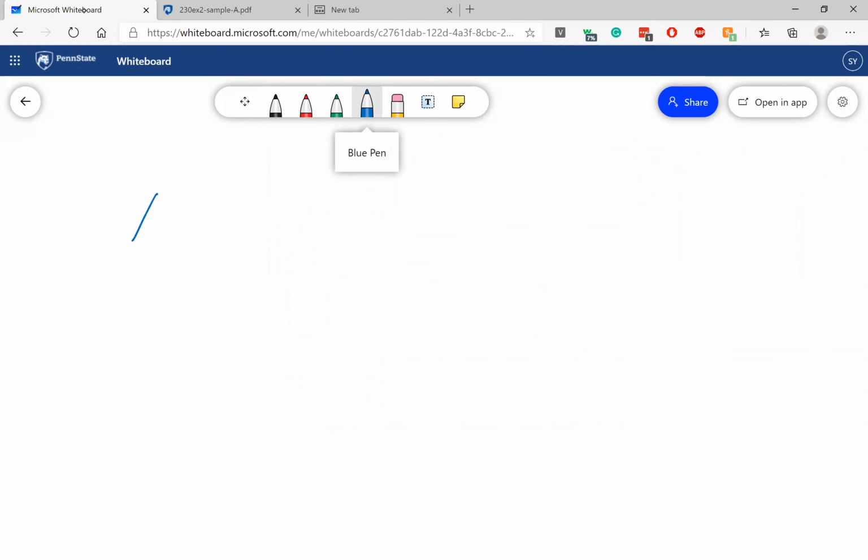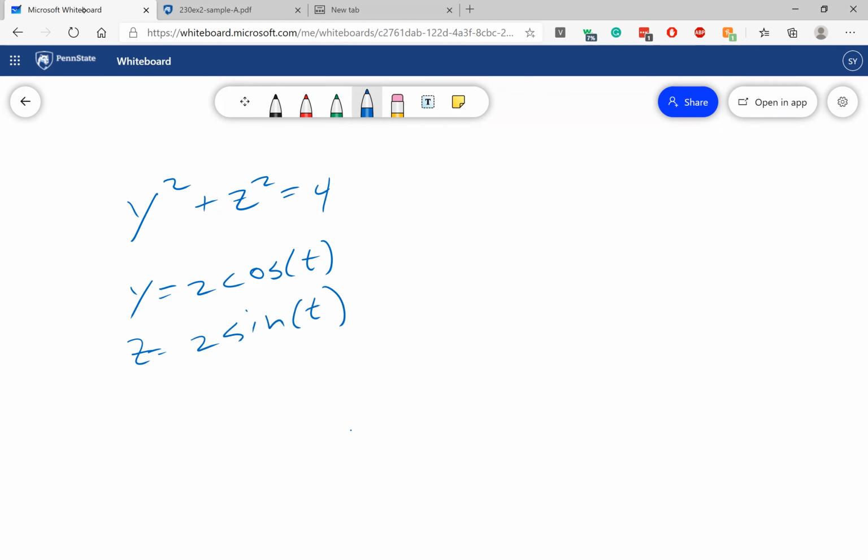We have y squared plus z squared equal to 4, so we take y equal to 2 cosine of t, and z equal to 2 sine of t. Does this satisfy the equation? Yes, because plugging it in, you get cosine squared plus sine squared, which is 1, and we get 4 in the end.